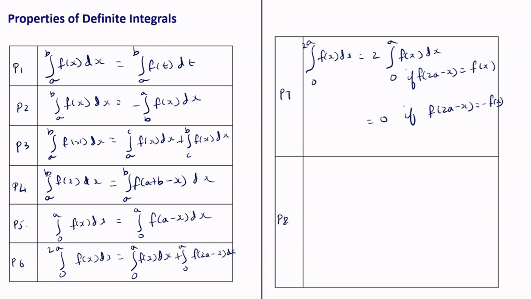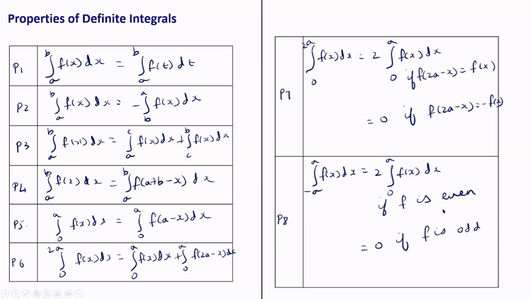Next we have the next property, integral minus a to a f of x dx equals 2 times integral 0 to a f of x dx if the function f is even, and it is equal to 0 if f is odd.